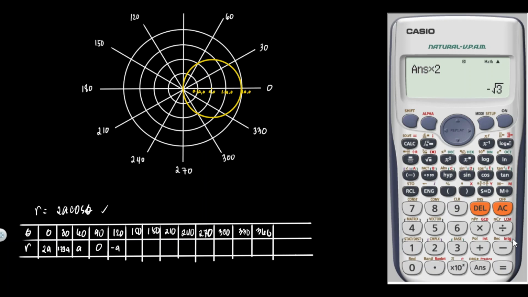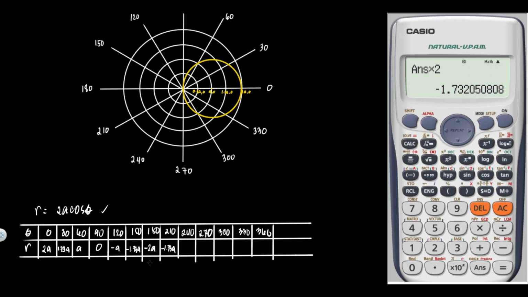Okay, equals negative 1.73a. How about cosine of 180? Negative 1 times 2. So, minus 2a. Then, cosine of 210 is, okay, negative square root of 3 over 2 times 2 equals negative 1.73a din, no?